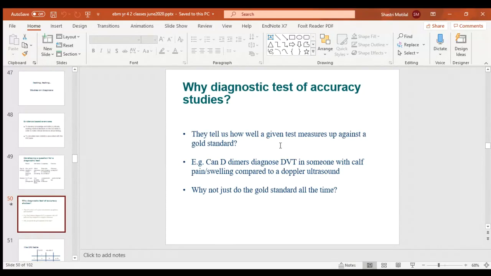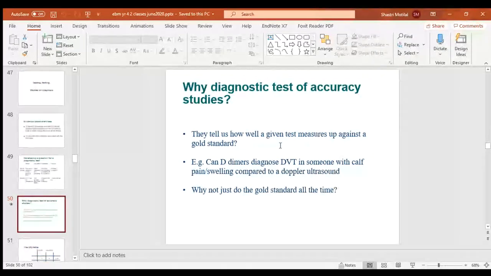And I have another example here on this slide. Can D-dimers diagnose DVT in someone presenting with calf pain and swelling, compared to a Doppler ultrasound? So here you could get the PICO from the question. The P, the patient, would be patients coming in with calf swelling and calf pain.